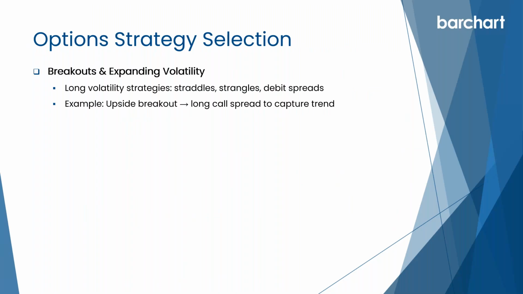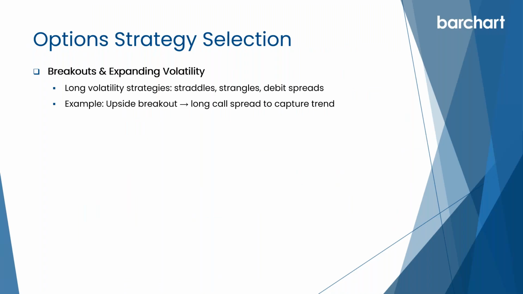So for breakouts or expanding volatilities, those would be our movers. We're going to look to buy volatility. We believe that volatility is going to increase, right? And so ways that we can go long volatility are through straddles, strangles, and debit spreads. I could buy just a singular long call or a long put.